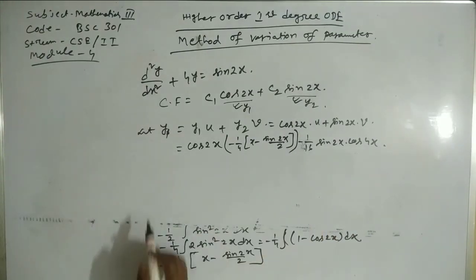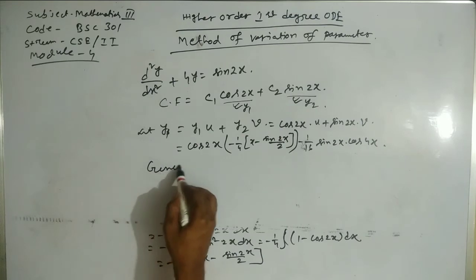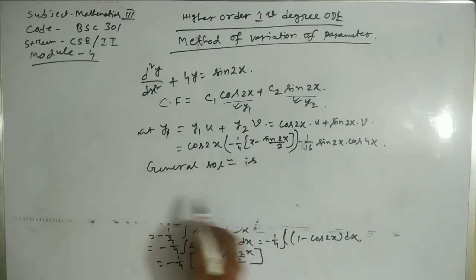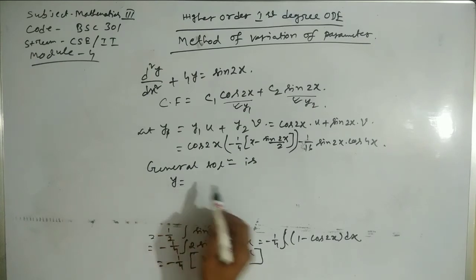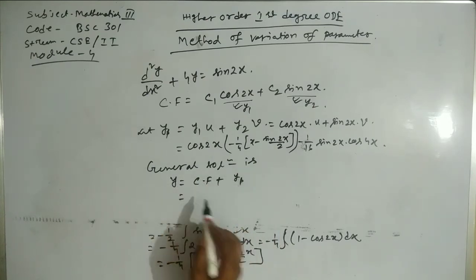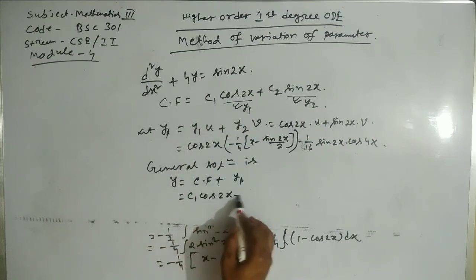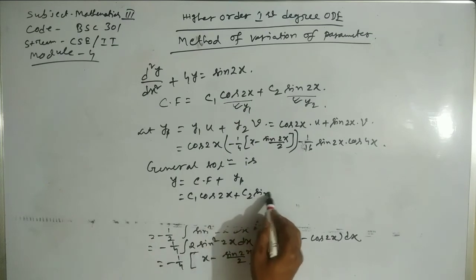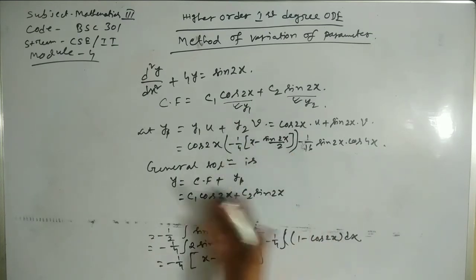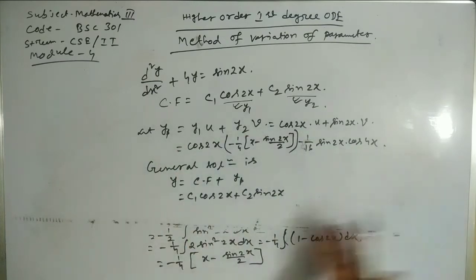Now we can write the general solution. So our general solution is y equal to CF plus YP. So our CF is C1 cos 2x plus C2 sin 2x, plus YP. YP is the whole function this.